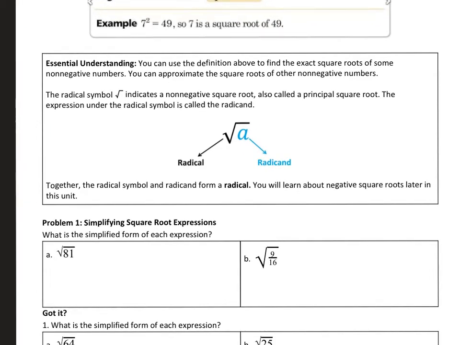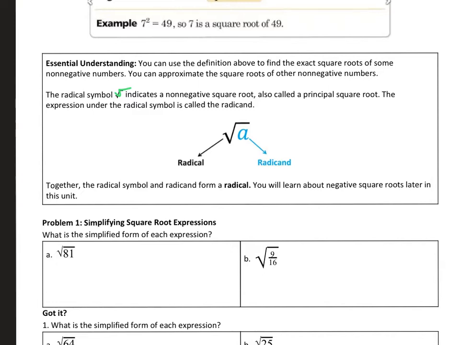So I'm going to read this for you. You can use the definition above to find the exact square roots of some non-negative numbers. You can approximate the square roots of other non-negative numbers. That radical symbol, this right here, indicates a non-negative square root, also called a principal square root.